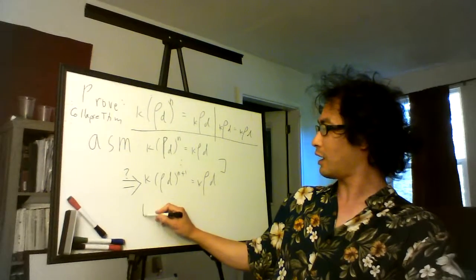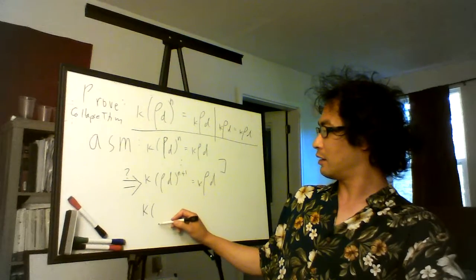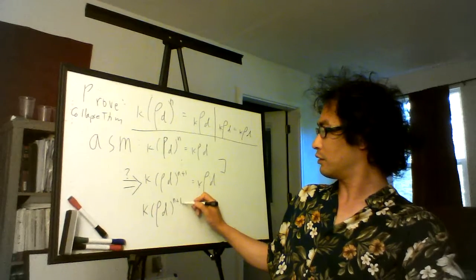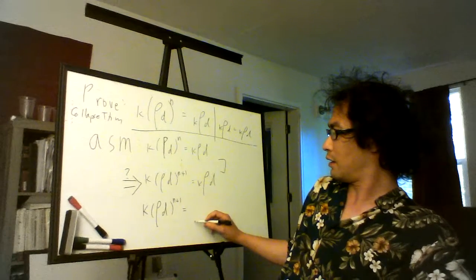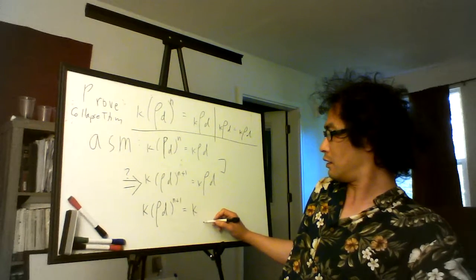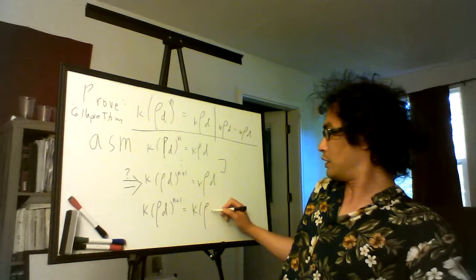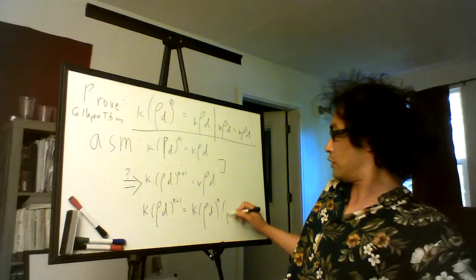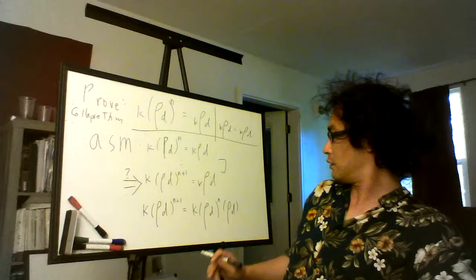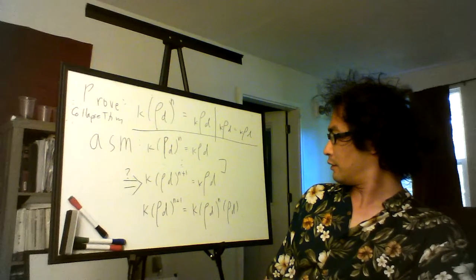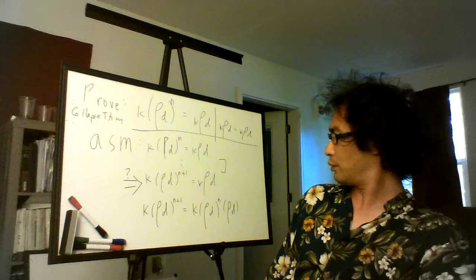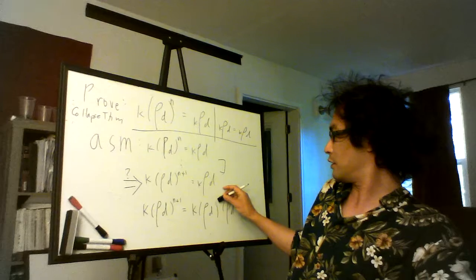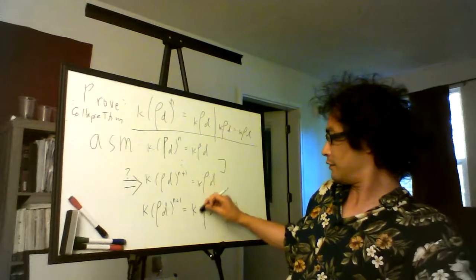Okay, so K rho d to the n plus 1, okay, is equal to K rho d to the n and rho d. Or how about this?